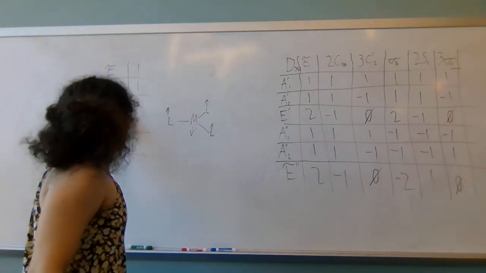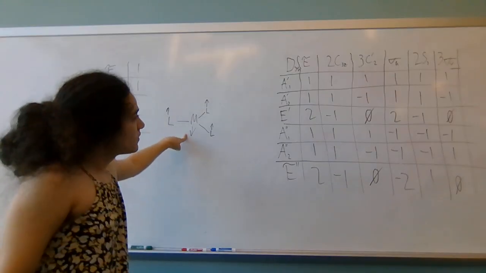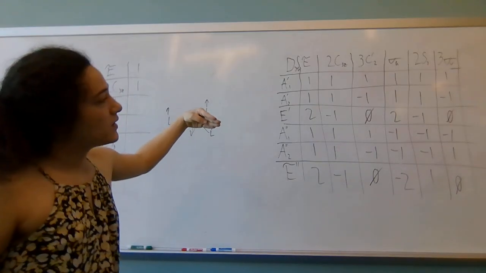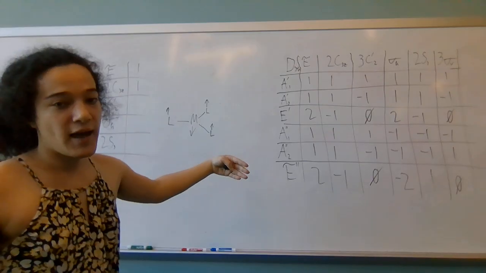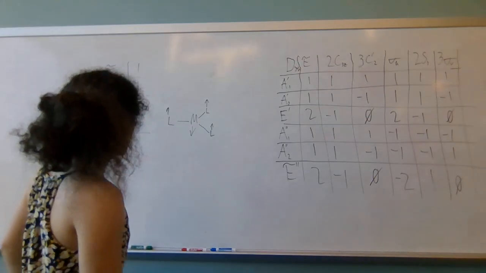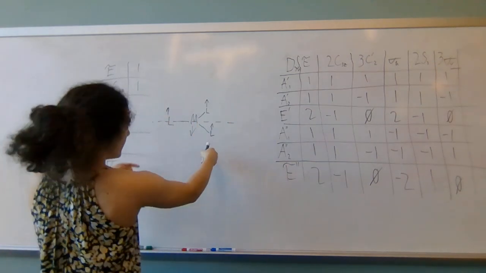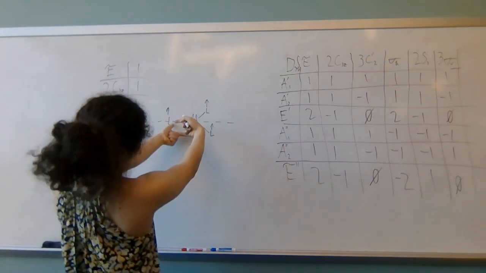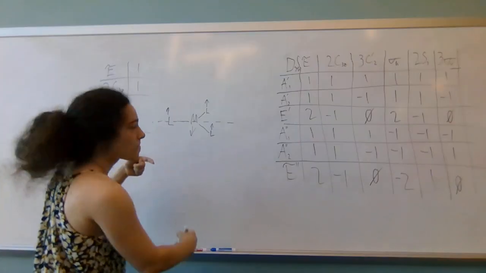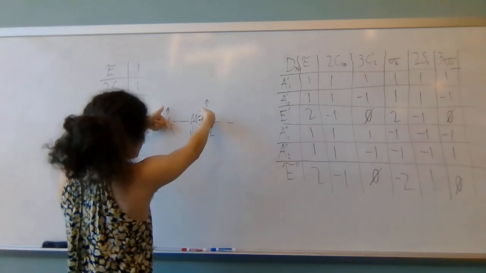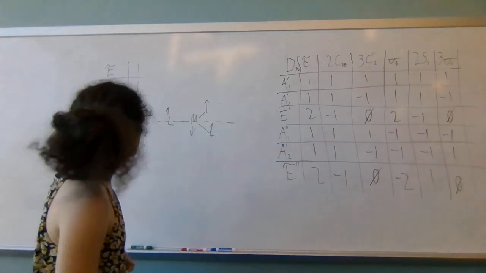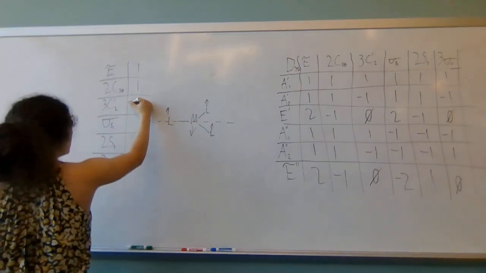So 3C prime 2, the prime indicates that we're not in the primary axis, right? So it's going to be along one of the ligand bonds. So we're taking this thing and we're spinning it this way. So that's going to flip all of the arrows upside down from where they are. So that's a -1.